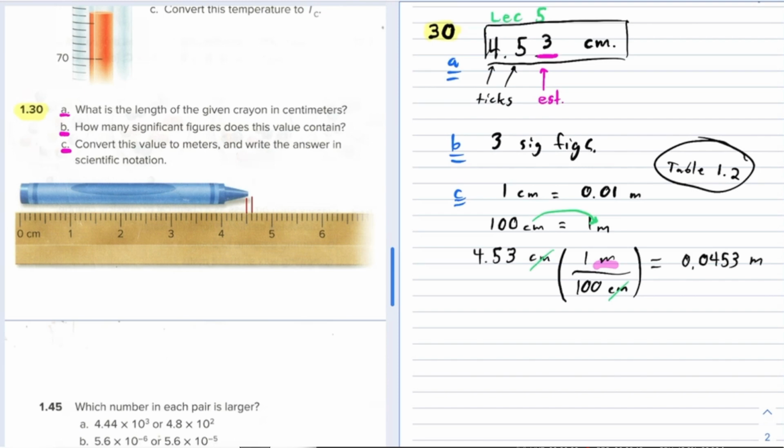When you divide by 100, the decimal point goes to the left 2 places. So 0.0453 meters, and that's the length in meters. Okay, I'm going to put a check here.